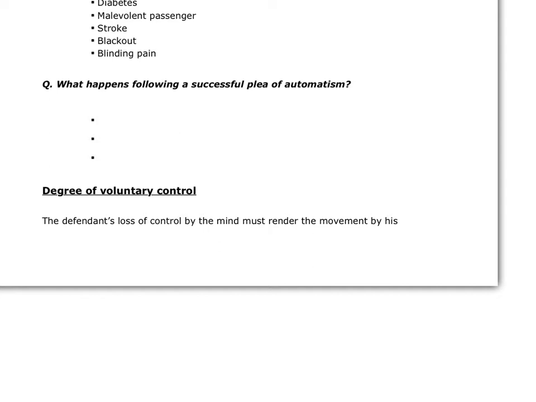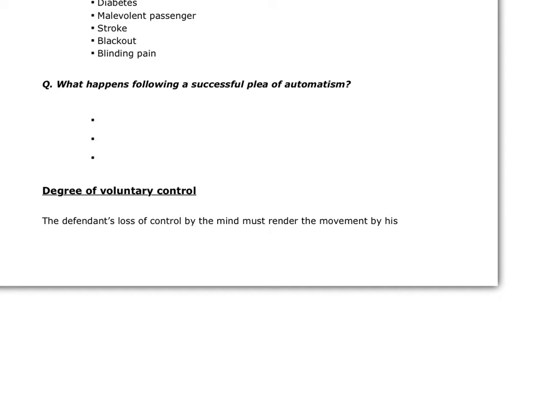When you think about it, if it's something external and it's a one-off, then D is not at fault and should be acquitted with no criminal conviction. The problem with that is, as we will see, it's not always appropriate to acquit. Sometimes some of these defendants should be given some type of custodial sentence.